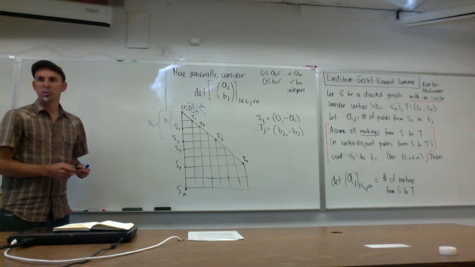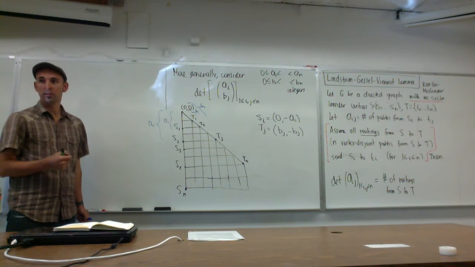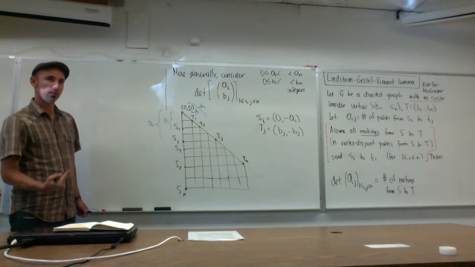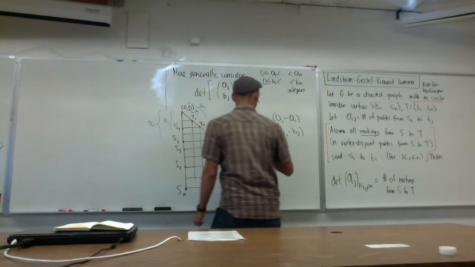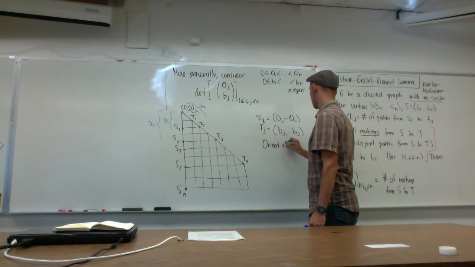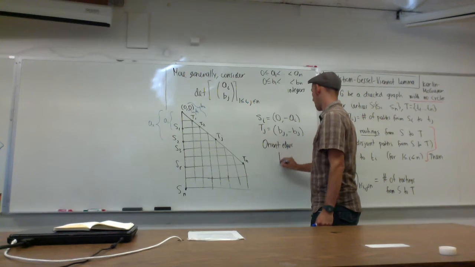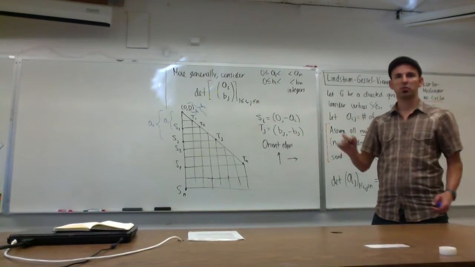So that's a drawing. And now I'm going to consider this as a graph where the edges are oriented up and right. Okay? Orient edges up and right. So you're only allowed to walk either up or to the right. Okay?